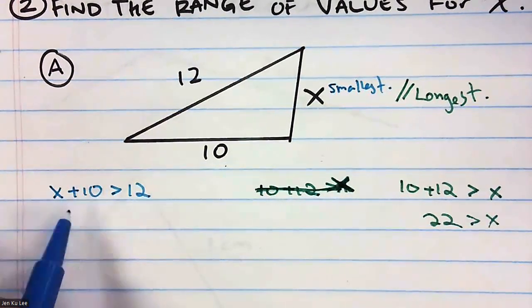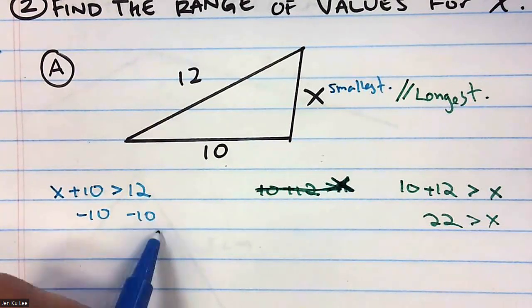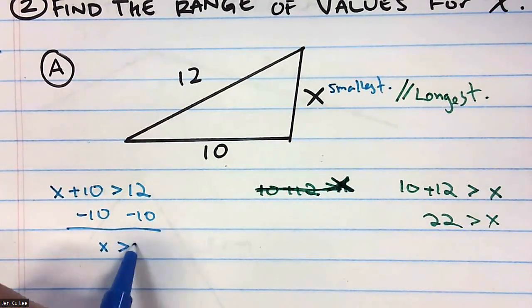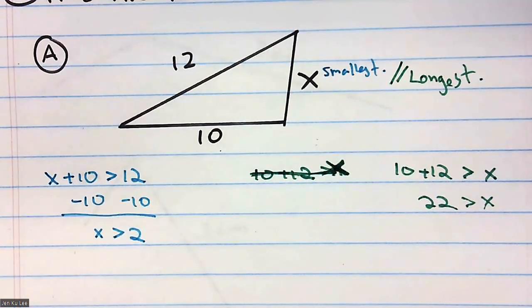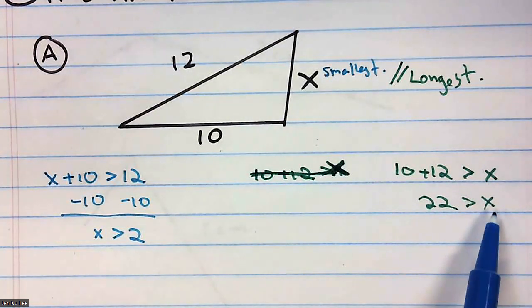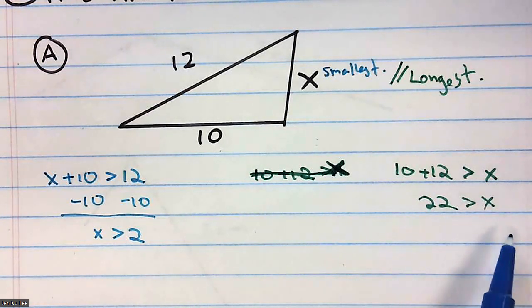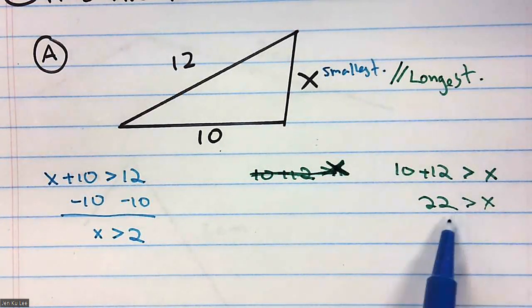Here, if I solve this, I subtract 10 on both sides. x needs to be greater than 2. So reading this from right to left, x is less than 22, but it has to be greater than 2.